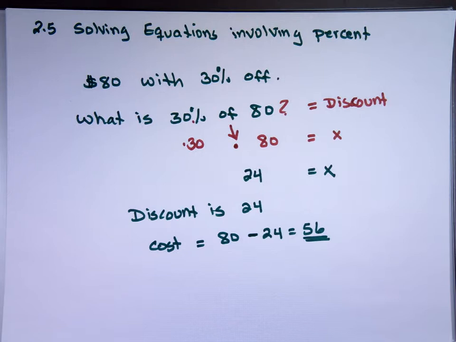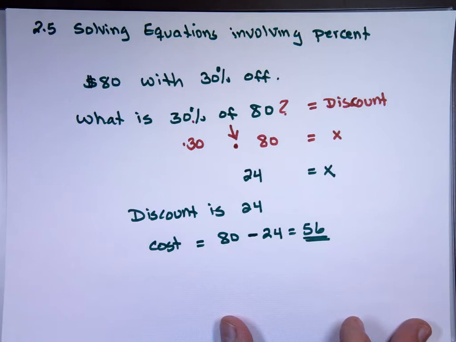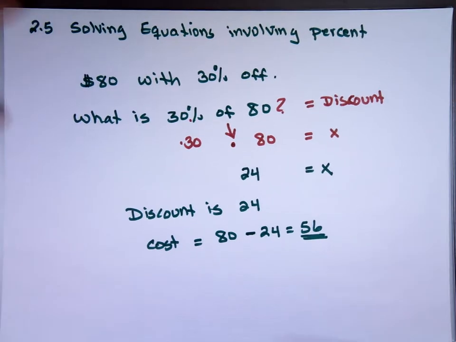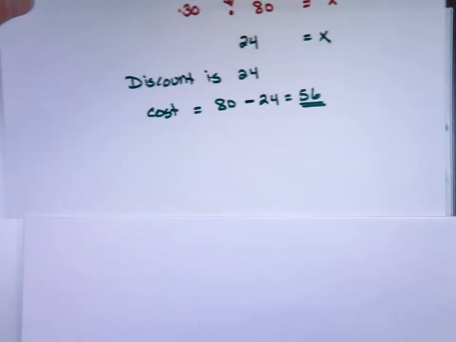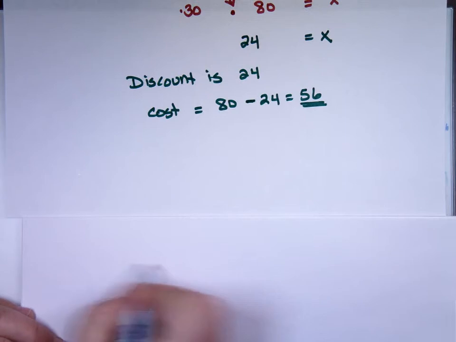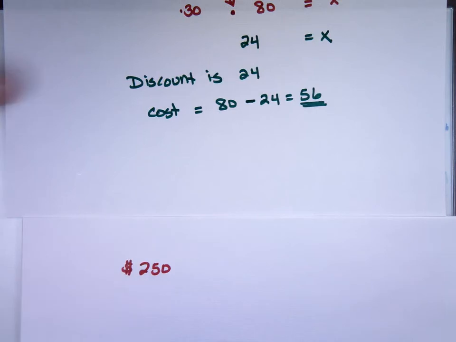Let me try another problem. Let's say you get your excise tax on a car. You get the bill in the mail, and the excise tax is $250. That's your excise tax.